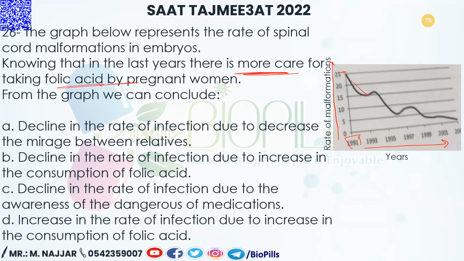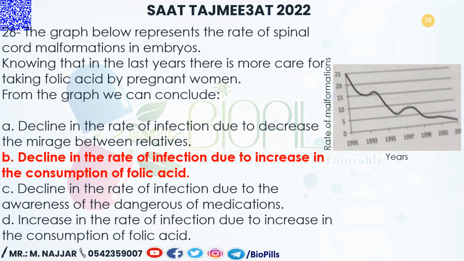So as there is an increase in the intake of folic acid, there is a decrease of the malformations. So the answer here is B, decline in the rate of infection due to increase in the consumption of folic acid.